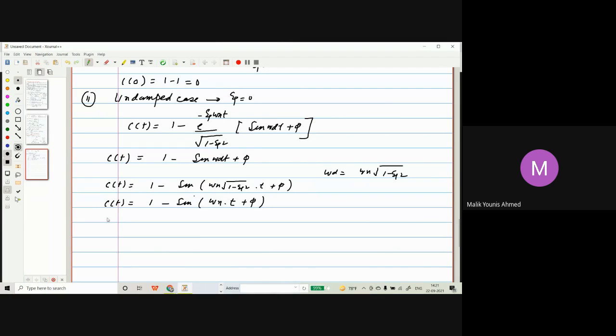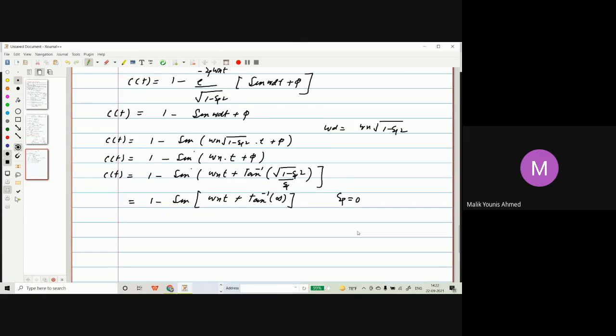Now, phi is what for me? Phi I have just now got as tan inverse of under root of 1 minus xi square divided by xi. But xi is 0, so this will be tan inverse of 1 divided by 0, which is tan inverse of infinity, because xi is 0 in case of the undamped case.